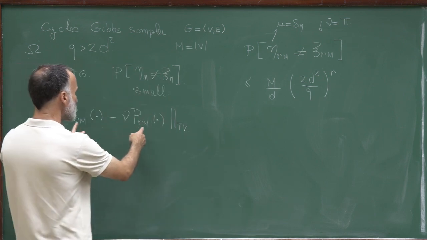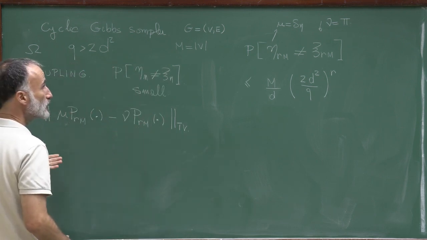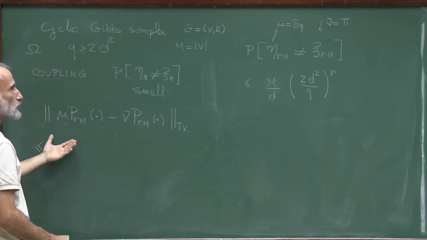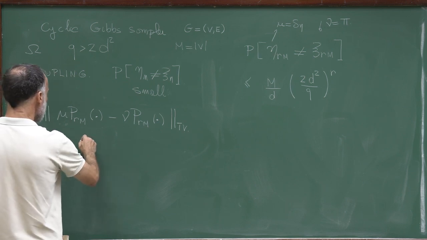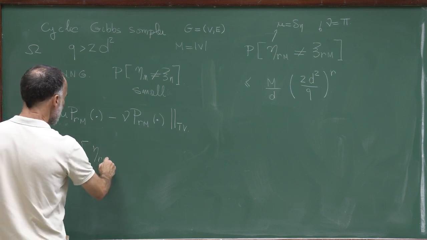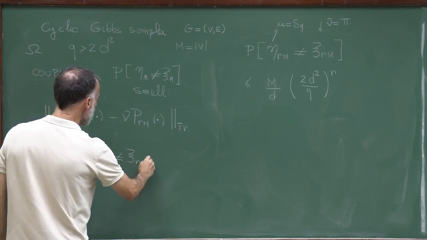And we have seen that the total variation is equal to the infimum over all possible couplings, so this is bounded by the probability that eta Rm is different from psi Rm.